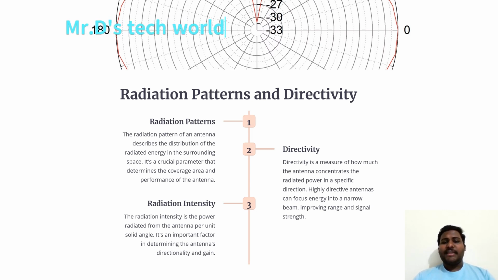Directivity. Directivity is a measurement of how much the antenna concentrates the radiated power in a specific direction. Higher directivity antennas can focus energy in a narrow beam, improving the range of signal strength. Means it's talking about the radiation and the direction here.